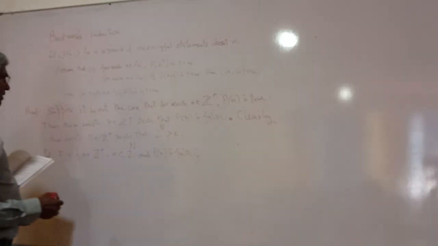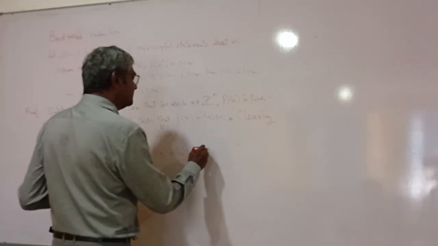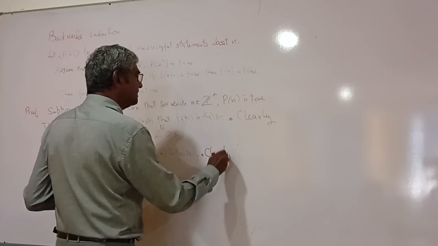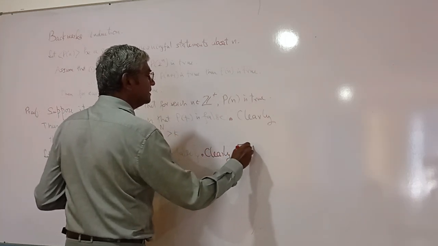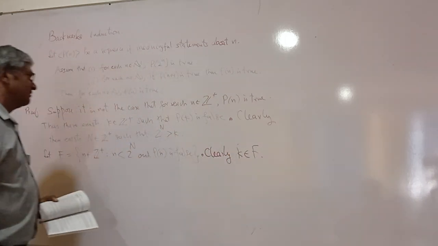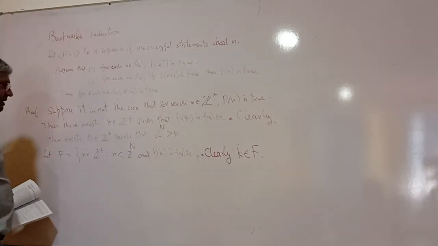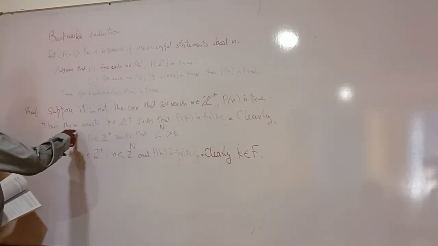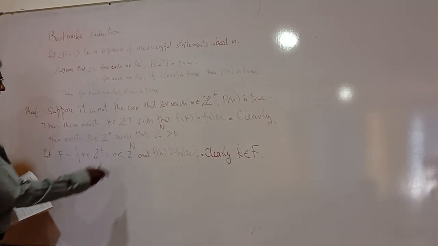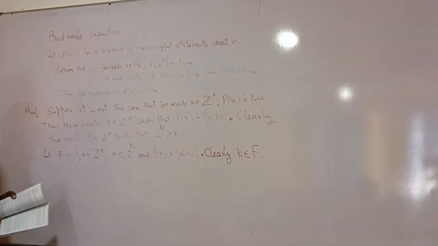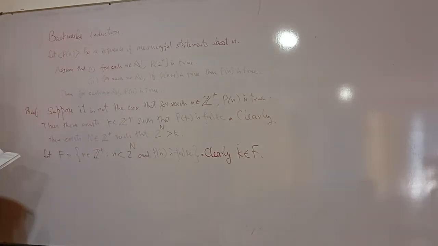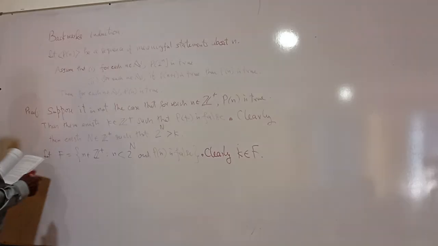But clearly k belongs to F, no? Right? Why? k is less than 2 to the n, k is an integer and Pk is false. Clearly k belongs to F. Therefore F is non-empty.